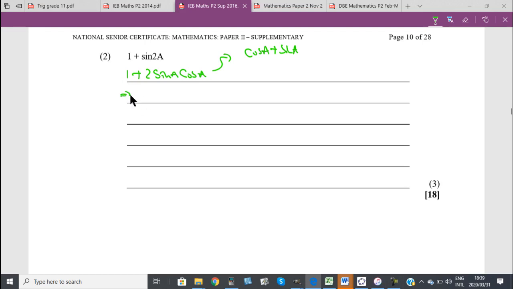Remember your grade 11 identity, 1 can be written as cos squared A plus sine squared A. So I write this as cos squared A plus sine squared A, then plus the 2 sine A cos A. The reason I'm doing this is so that I can factorize.